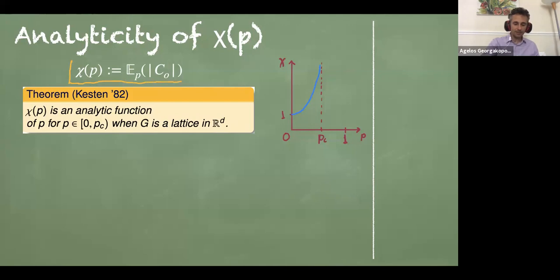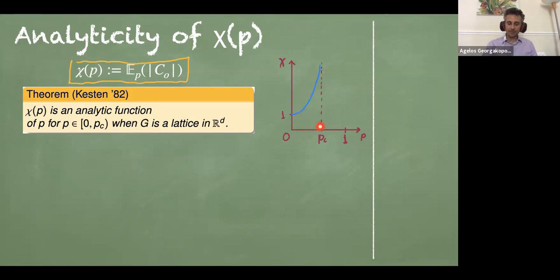The so-called susceptibility, the expected size of the cluster of the origin, is a nice macroscopic function. Here in this chart, I have a science fiction sketch of chi, the blue line.